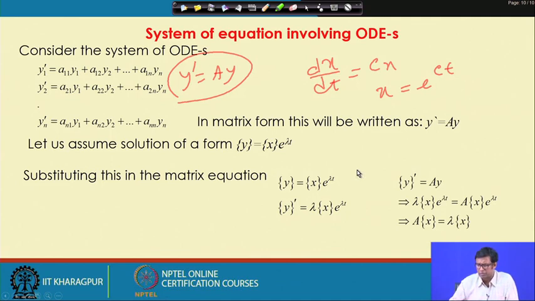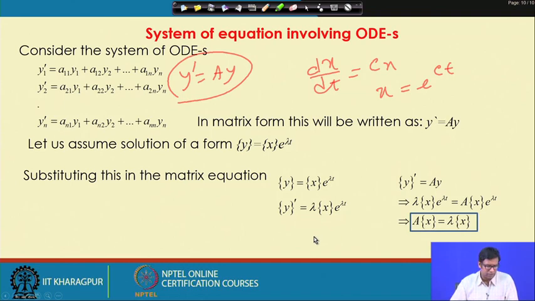If we further substitute y, which is x e to the power lambda t, and y prime, which is lambda x e to the power lambda t, we get lambda x e to the power lambda t is equal to A x e to the power lambda t. The e to the power lambda t, being non-zero, can be cancelled from both sides, and we get the equation A x is equal to lambda x.